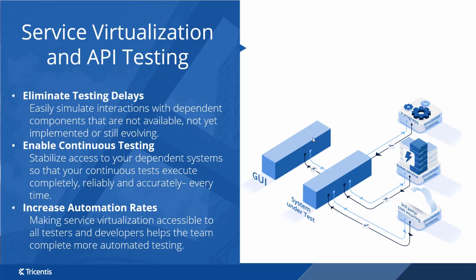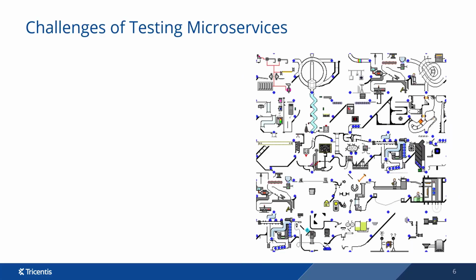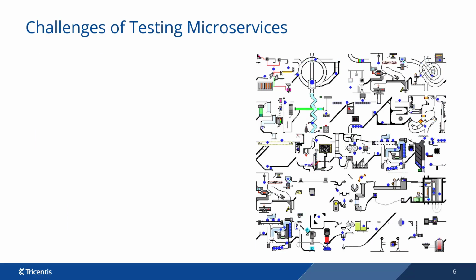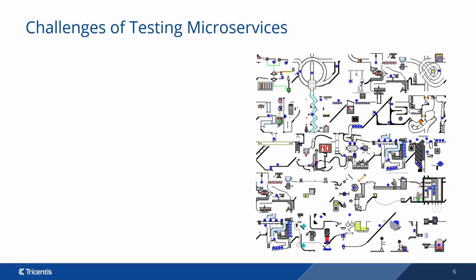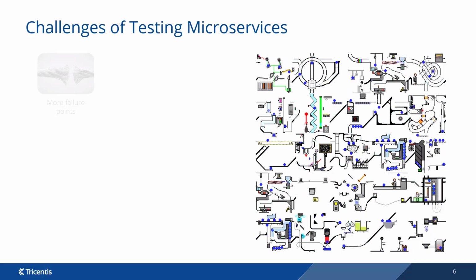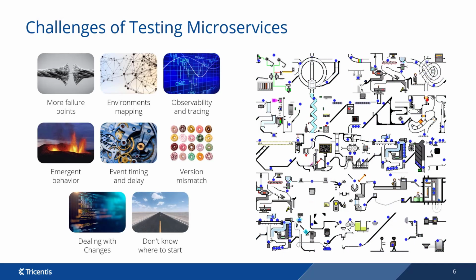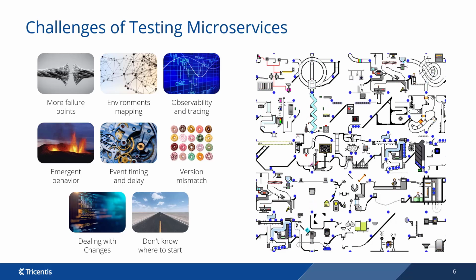Now, one of the interesting things about this diagram is that, sure, we all say this is what an environment looks like, but we know in reality, this is what an environment looks like. Especially with the advent of microservices and containerized environments and ephemeral environments and CI-built environments, you bring a whole raft of new challenges associated with the environments themselves and the microservices contained within.